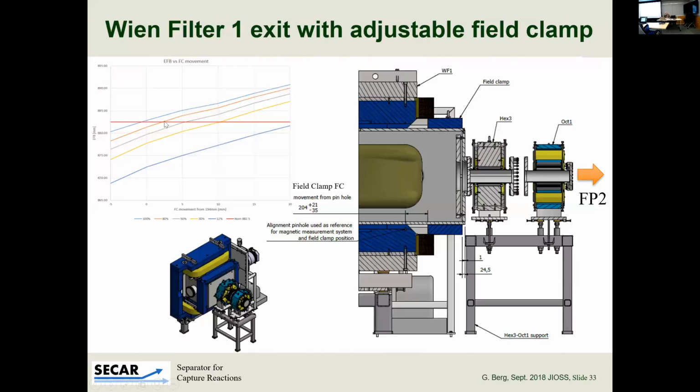So at least we cannot change the shape very much, but we can reduce or increase the effective field. And these are the measurements showing that in the full range we can adjust it. We can adjust it by moving the clamp in and out to be exactly what the electrode has, back to normal. So that is shown here.